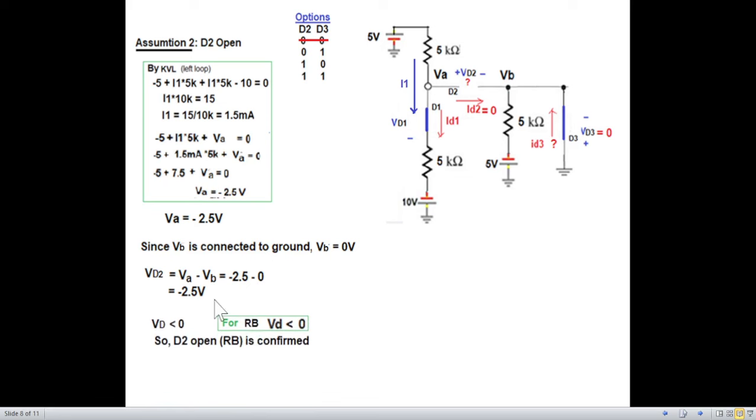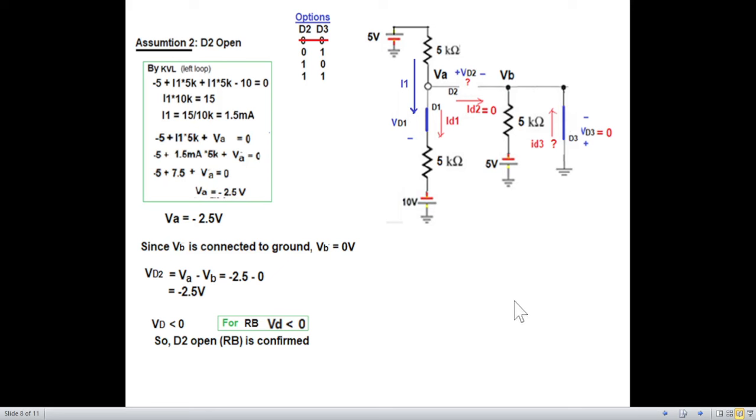Now our logic fits here: for reverse bias, VD should be less than 0. In this case also, VD is less than 0. Therefore, D2 open or reverse bias is confirmed. Now we have to confirm the other one.